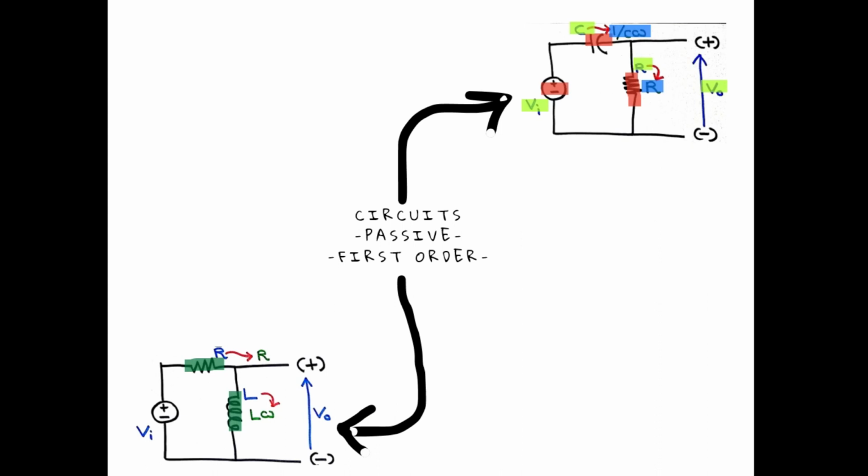Okay, right. Now, here, the input voltage waveform magnitude is Vi and the output terminal voltage is Vout. Okay. Next, the resistance is R and the inductance is L, whereas the impedance of the resistor is just R and the impedance of the inductor is L omega.